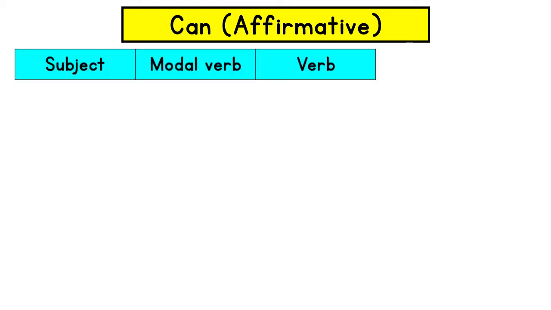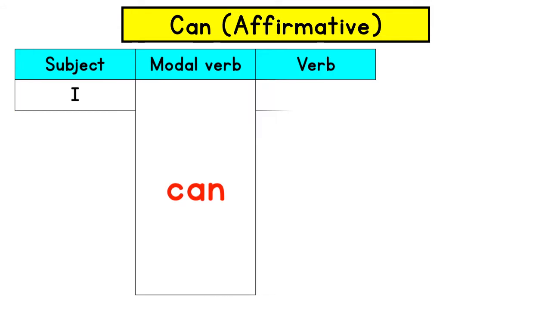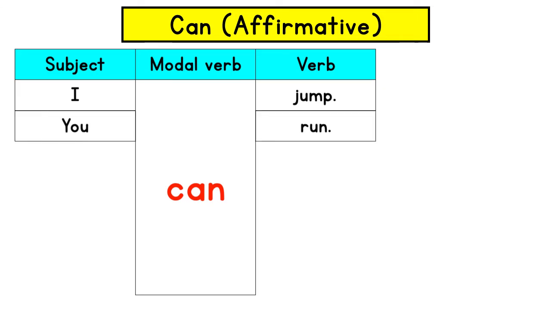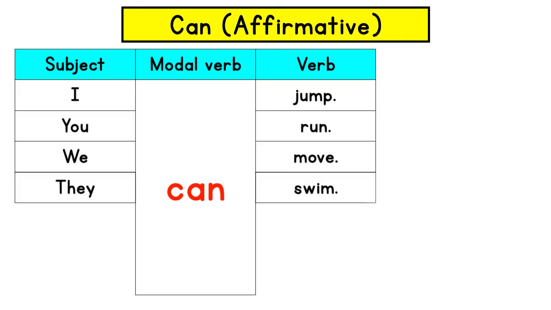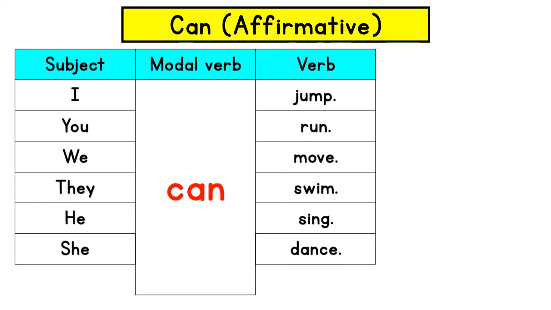We can use can following this structure, whereby subject plus modal verb plus verb. For example, I can jump. You can run. We can move. They can swim. He can sing. She can dance.